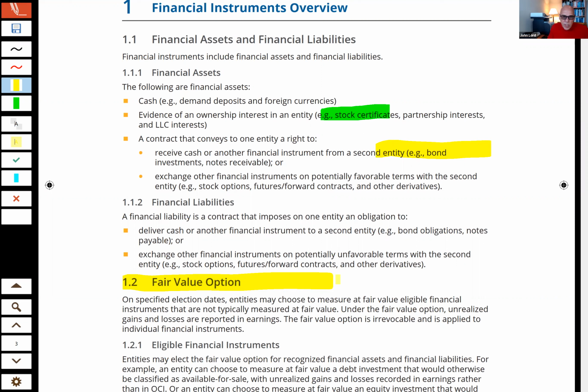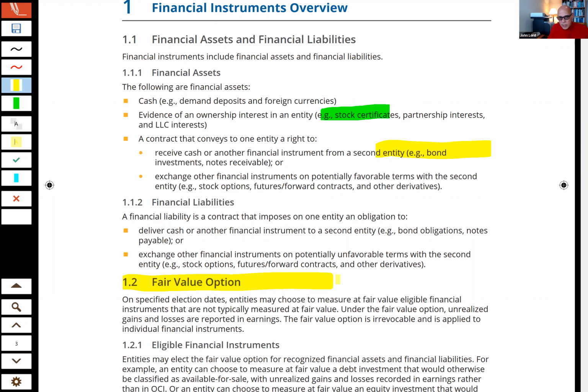For stocks, we have to use the fair value through net income method unless we own enough of the investment to say we exert significant influence, and so we are going to use the equity method. We're going to talk about that method in a little while.